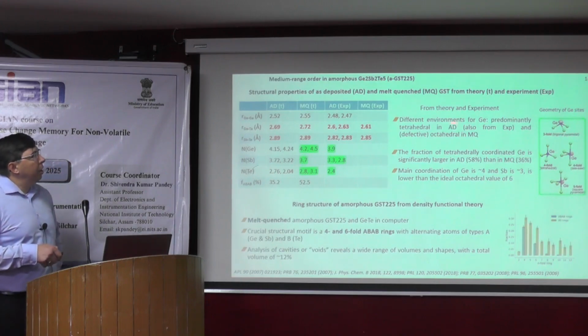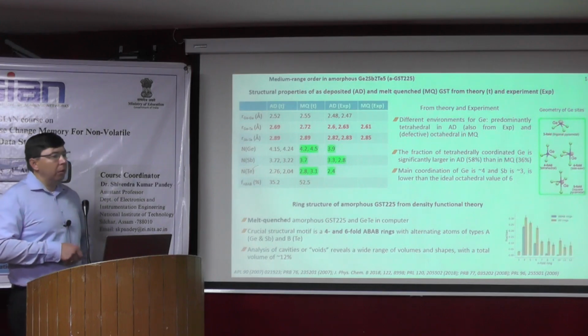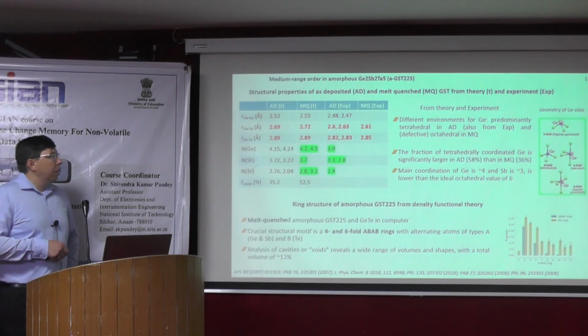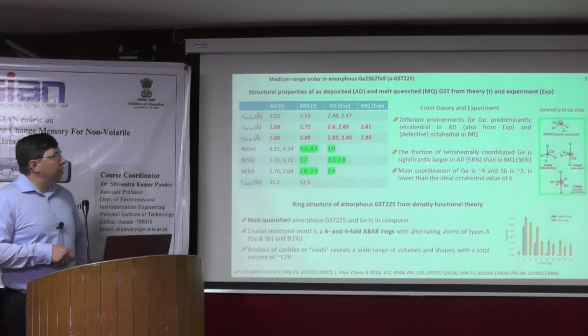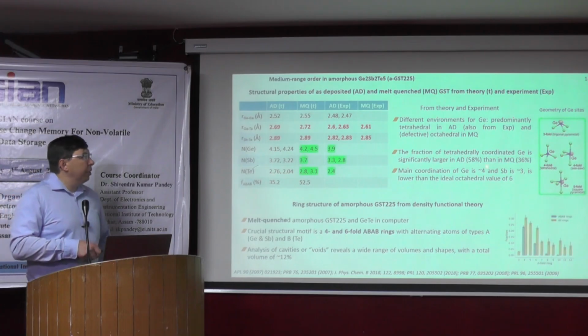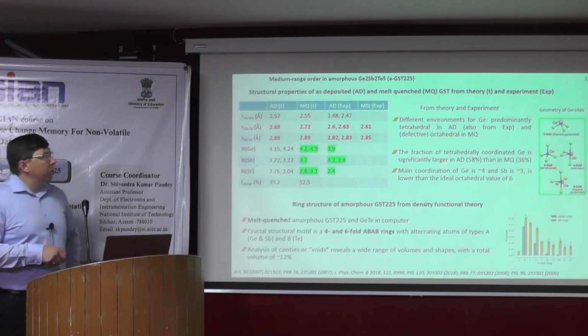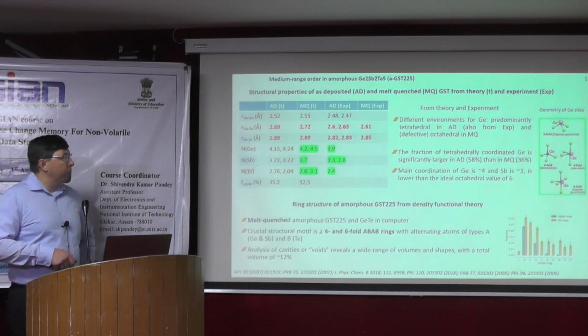For example, it is predominantly tetrahedral in as-deposited, also from experiment, and defective octahedral in melt-quenched. The fraction of tetrahedrally coordinated germanium is significantly larger in the as-deposited state than in melt-quenched, so it is reduced. The main coordination of germanium is 4 and of antimony is 3, which is lower than the ideal octahedral value of 6.